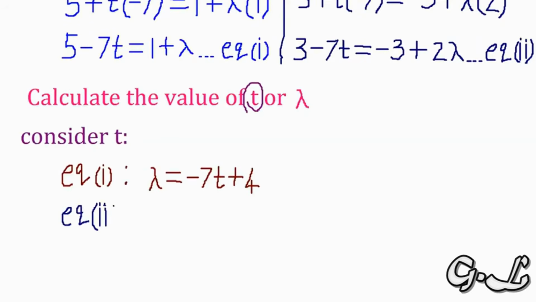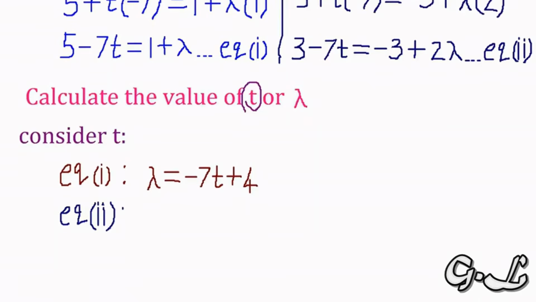Now, why were we finding the value of lambda? We're going to solve these two equations simultaneously so that we find the value which we want. We want to find the value of t, and the method that we're going to use is the substitution method. That's one thing that you need to keep in mind.